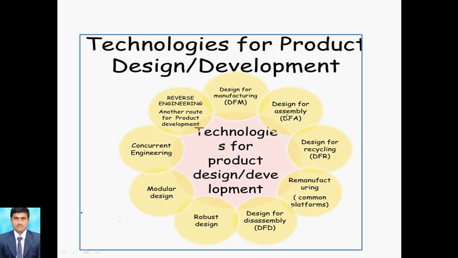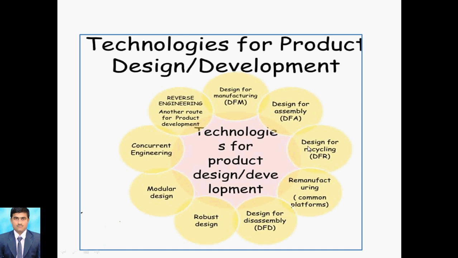The next, design for assembly. If it is easy for the customer to access for assembling purposes, then it is okay for repairing or maintenance purposes. So this is also important over here, design for assembly. If we can reduce the assembling time, automatically the assembling cost is also reduced.